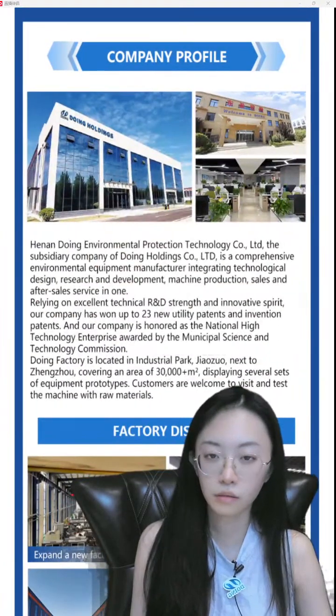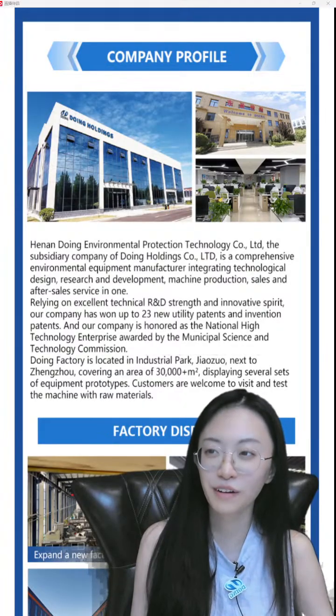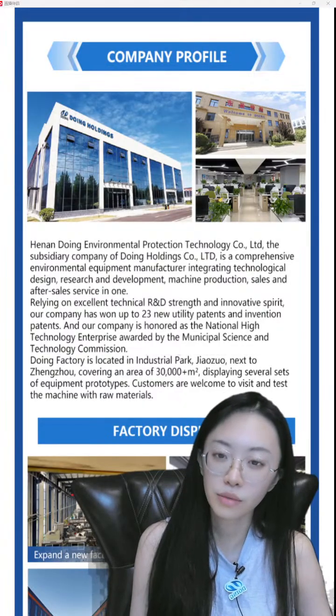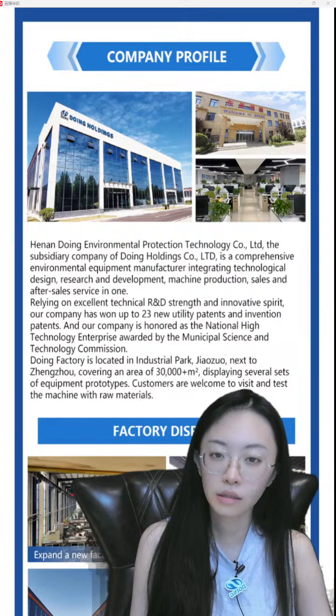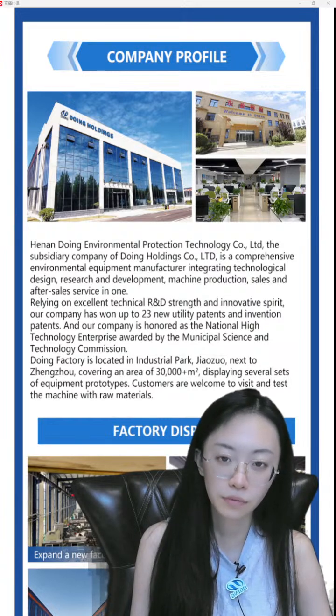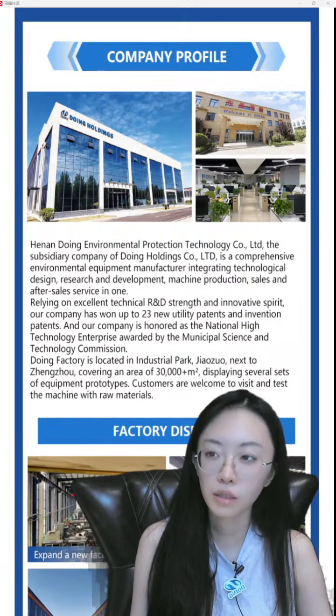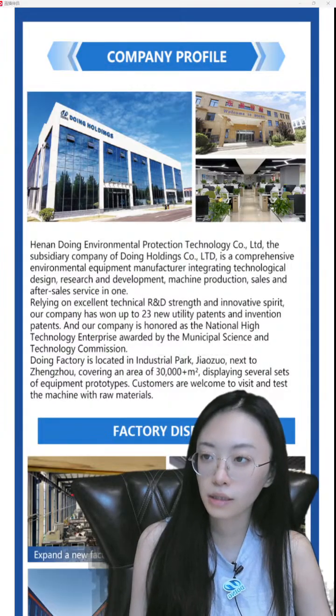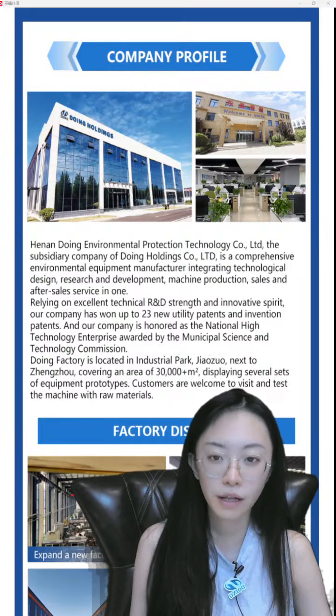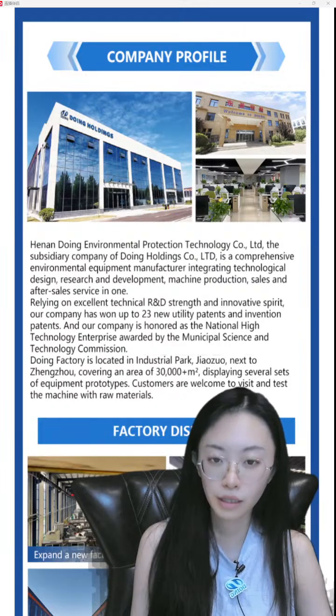And the company profile: our name is Doing Holdings, and we are one of the subsidiary companies of Doing Holdings, covering technical design, research, development, machine production, sales, and after-sales service.